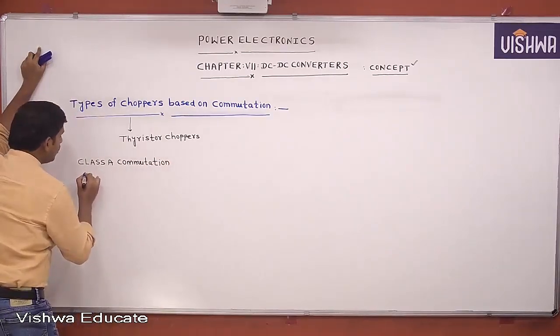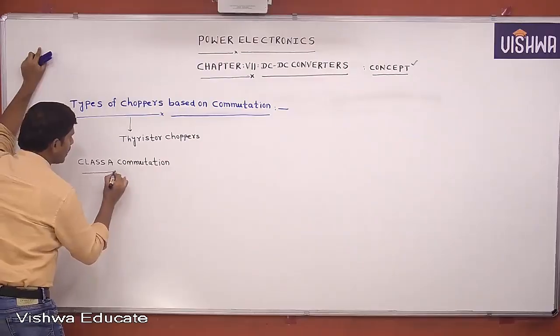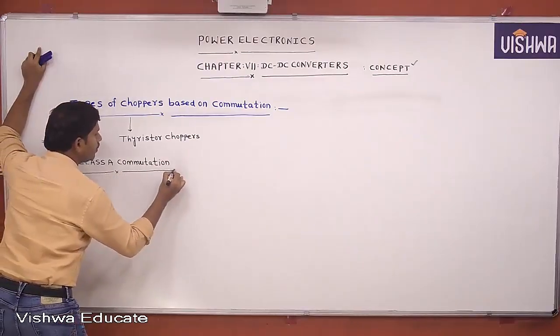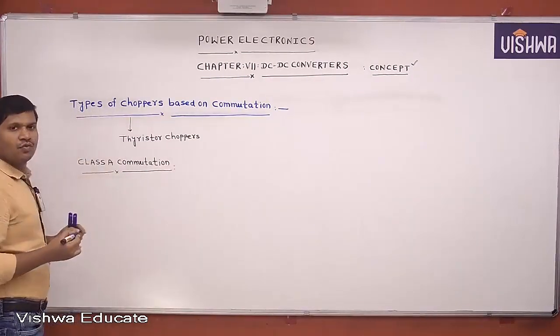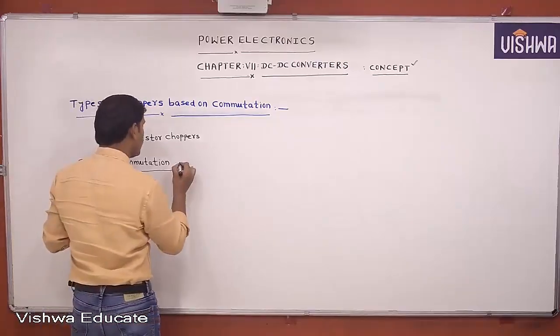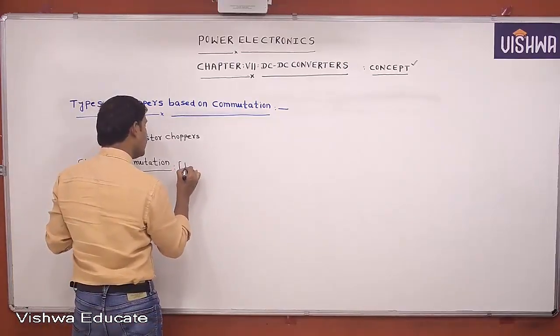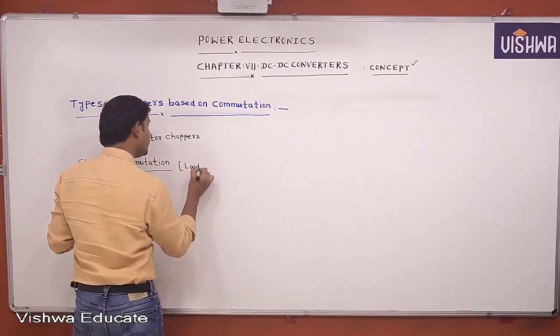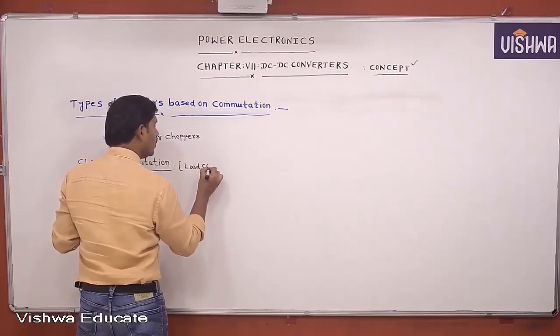This class A commutation is also called load commutation or self commutation.